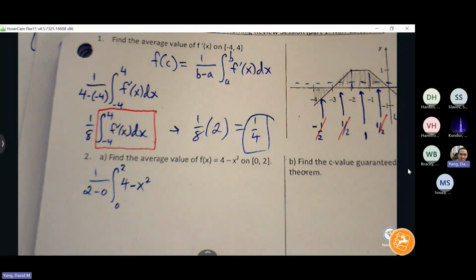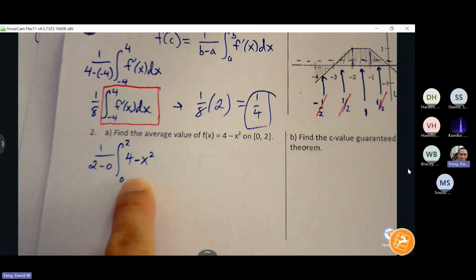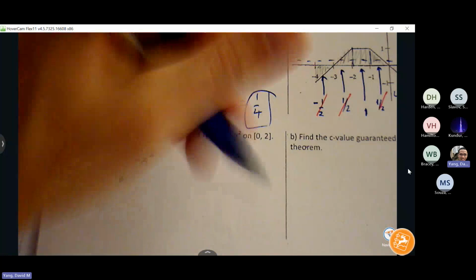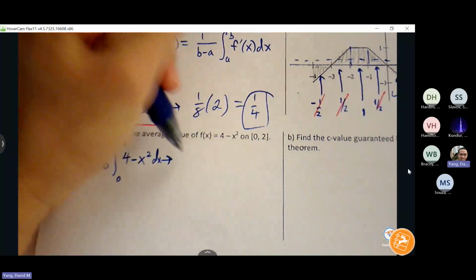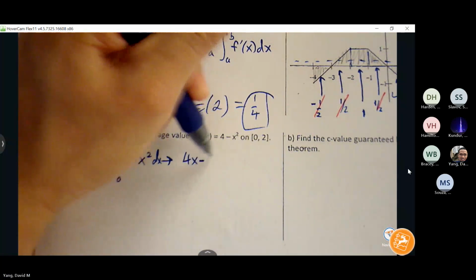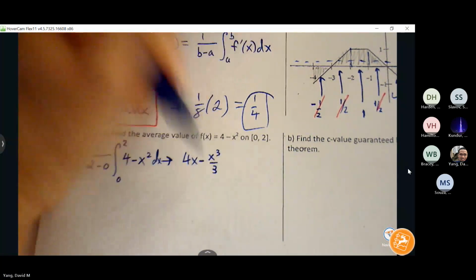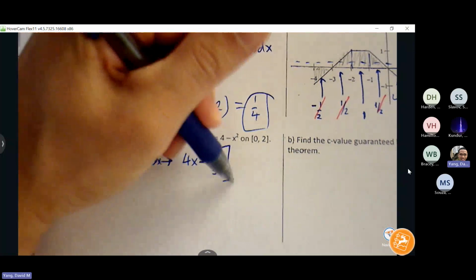Okay. 1/2 in front. We're going to take care of the antiderivative first. Power rule, and then the bounds can play a role. Okay. 4 becomes 4x. X squared becomes x cubed over 3.